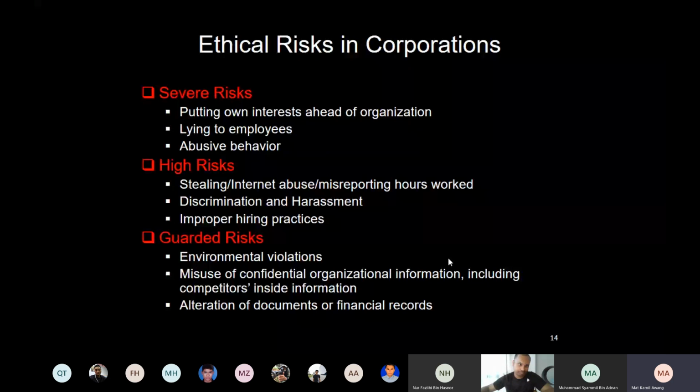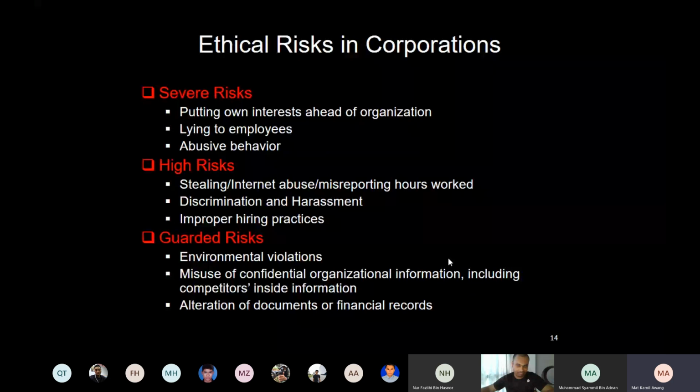Severe risk is putting your own interest ahead of the organization. When you have your own interests ahead of the organization, there is a severe ethical risk in the organization. These are the types of severe risk: lying to employees, abusive behavior.